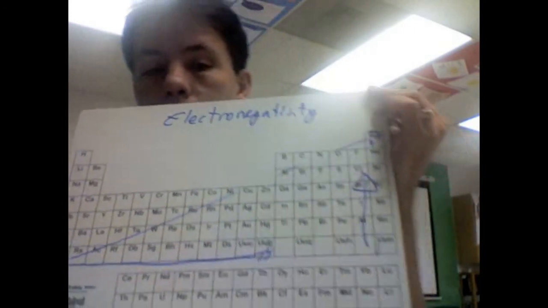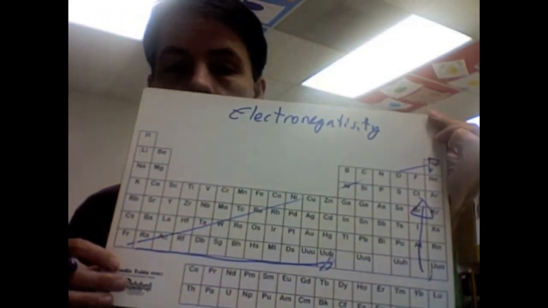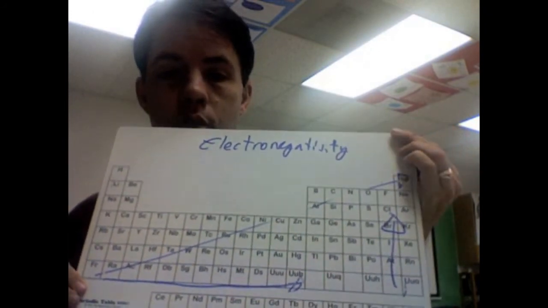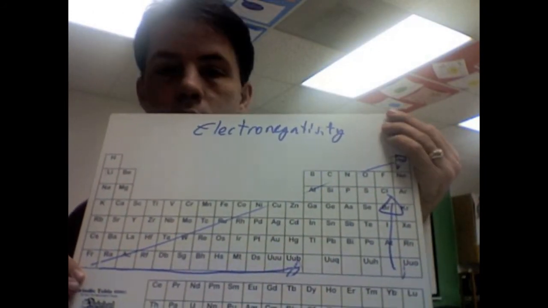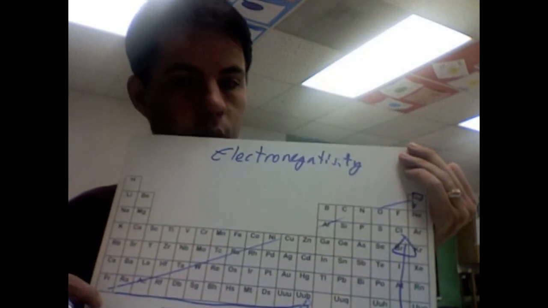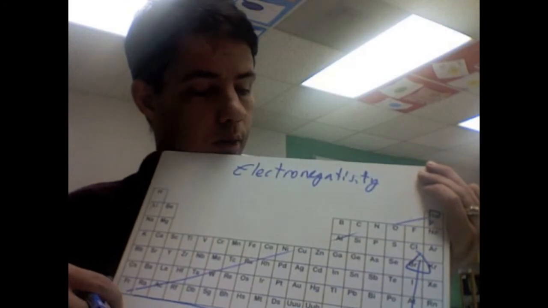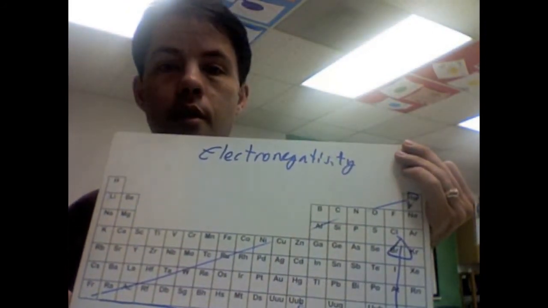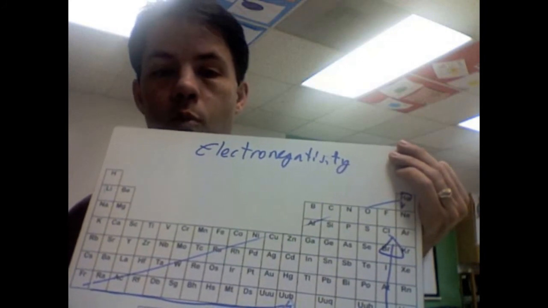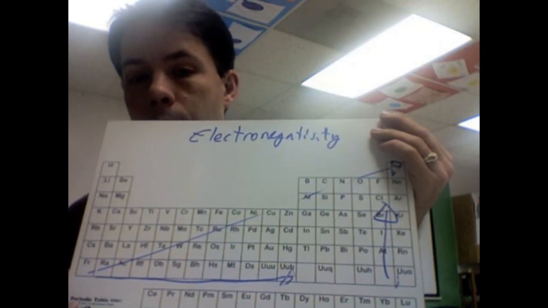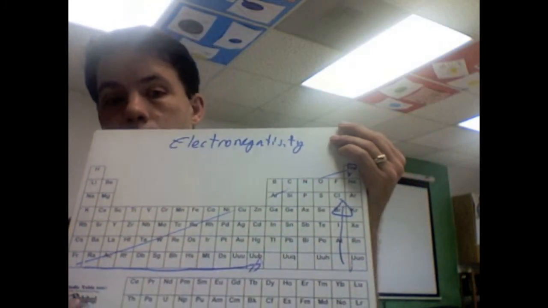So as you go from over here where they want to lose electrons, they have hardly any electronegativity at all. They really don't want any electrons on their outer shell. But as you go up to helium, more and more atoms want to hold on to that electron more and more, especially when they're bonded with another atom.